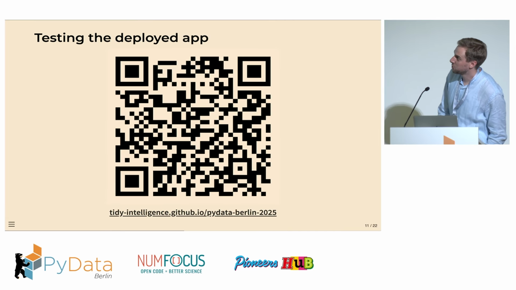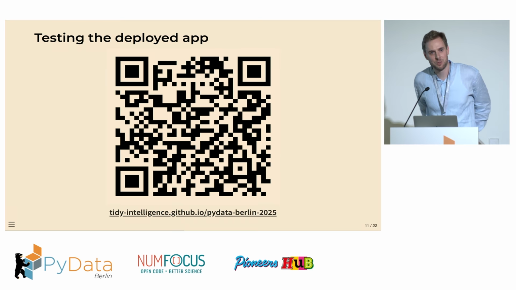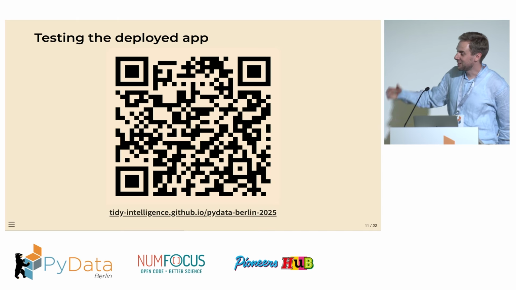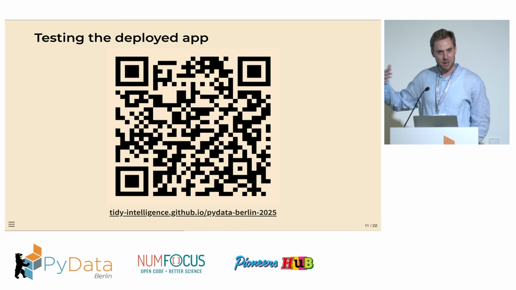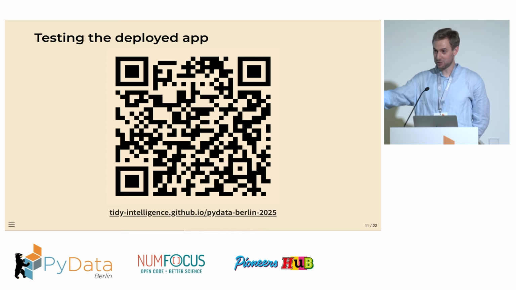Now, I invite you to test the deployed Shiny app. It should work on your phone. If it doesn't work on your phone, please approach me afterwards, because I really want to find out why it's not working. So if you start the app, what happens now is that your browser has to download the app files.